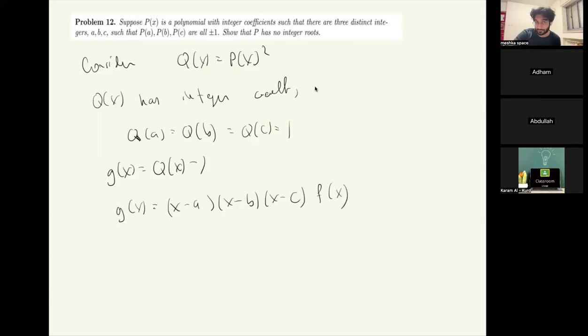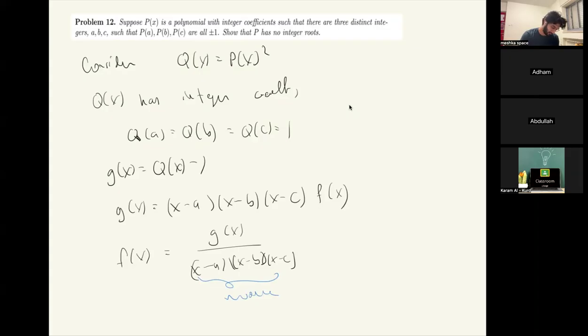But here's the important thing. What kind of coefficients does f of x have? You can say it has rational coefficients, but does it have integer coefficients? The point is that it does, because f of x is the polynomial division of g of x by x minus a, x minus b, x minus c, and this divisor is monic.